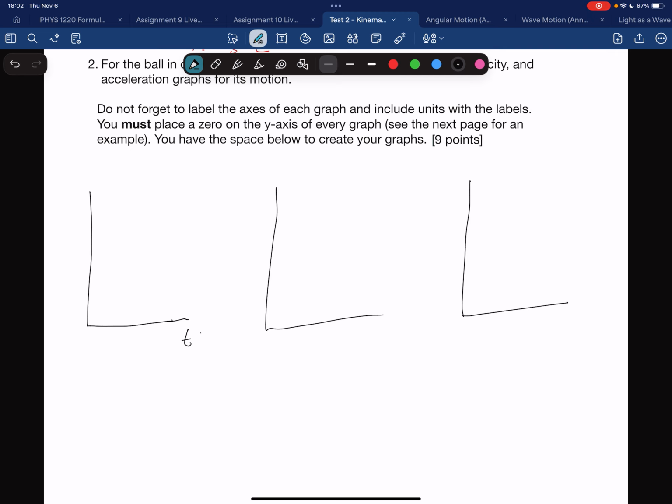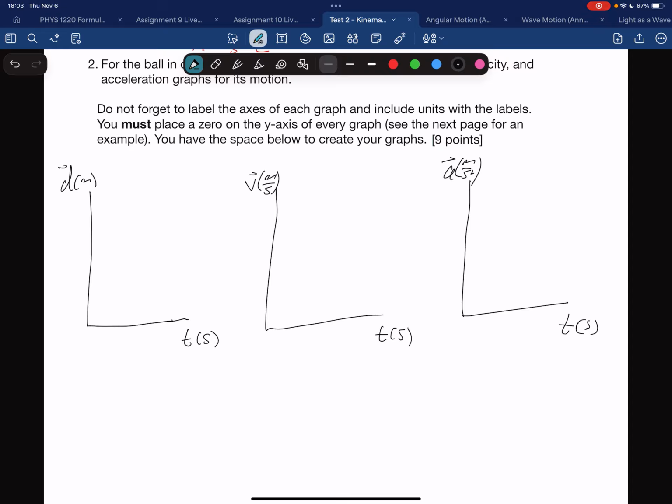So I will start by doing that for time. And here I will do displacement in meters, velocity in meters per second, and acceleration in meters per second squared. So that part is done.